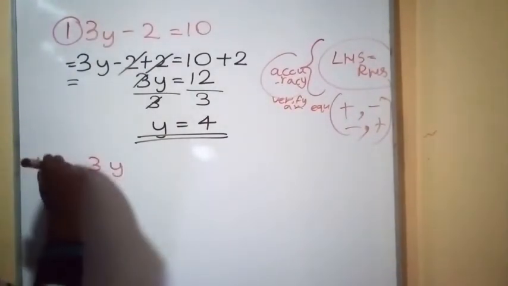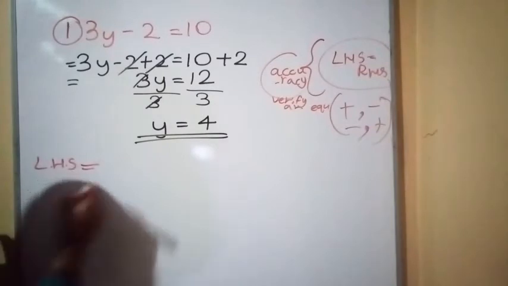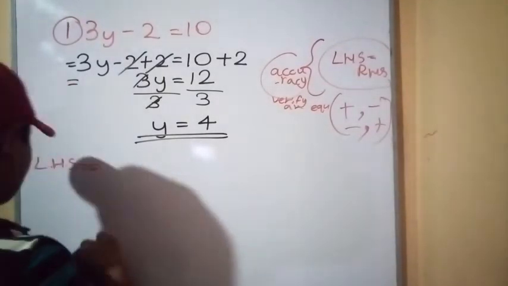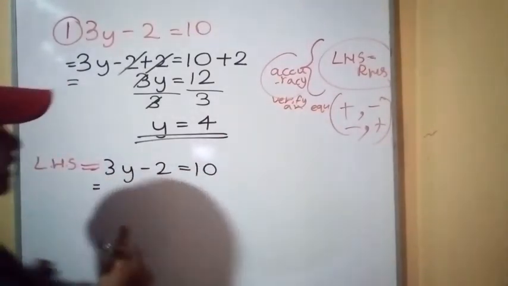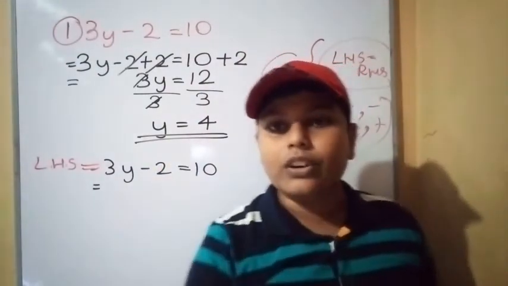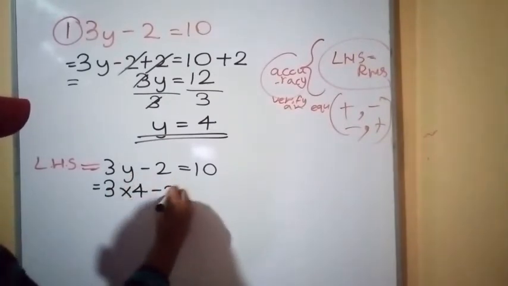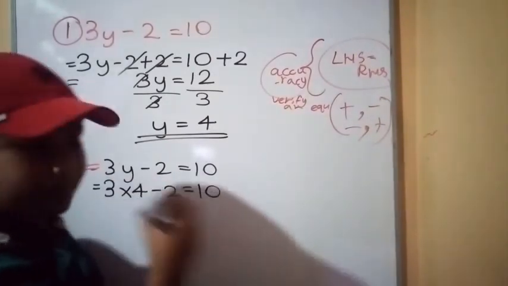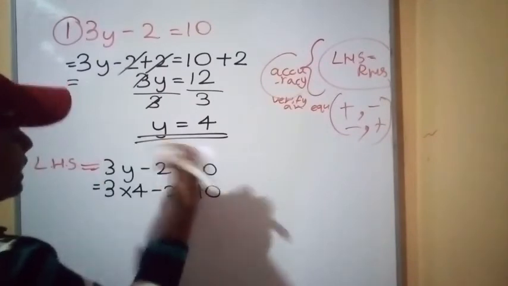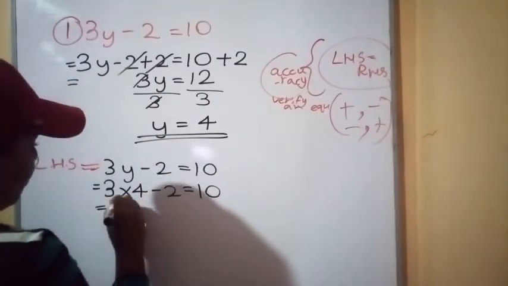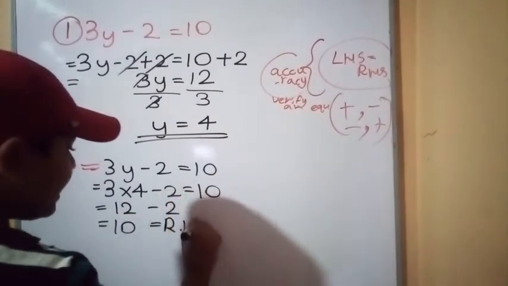The left hand side is 3y subtract 2, and y is 4, so 3 multiplied by 4 subtract 2. 12 subtract 2 is 10, which is equal to the right hand side.